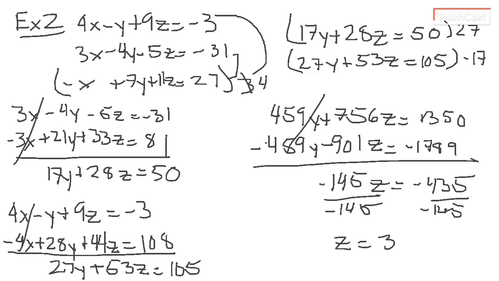Now we're going to take that and plug it into one of the equations we got from steps 1 or 2. I'm just going to take the first one. But I've run out of space on this page, so let's look at another page. So I'm going to go 17y plus 28 times 3 equals 50.